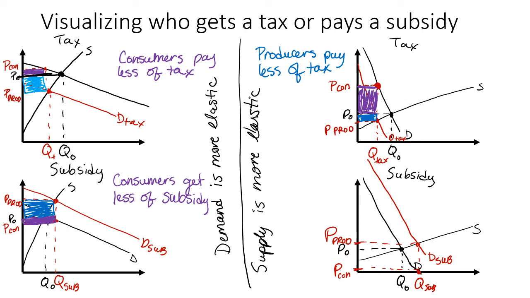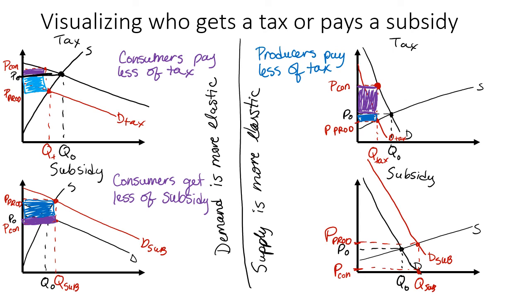In general, when you have a tax, consumers pay more than producers get, so the consumer price will be on the top, and the producer price will be the lower one. You see that with both of our top pictures here. And then in the bottom, where we have subsidies, that is where the government's paying part of the price, so producers get more for a product than consumers even pay for it. So we expect the producer price to be above the consumer price. Okay, so let's figure out what's going on.